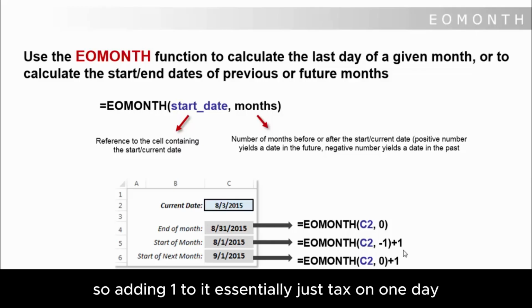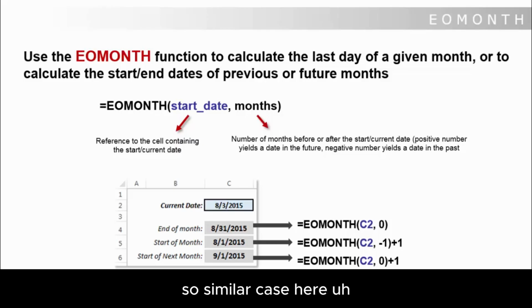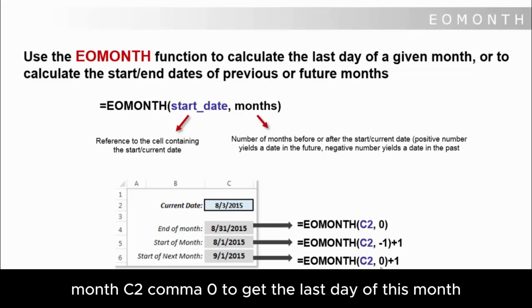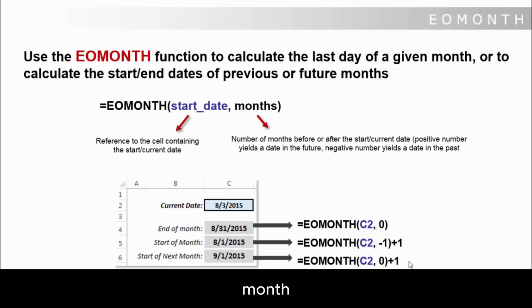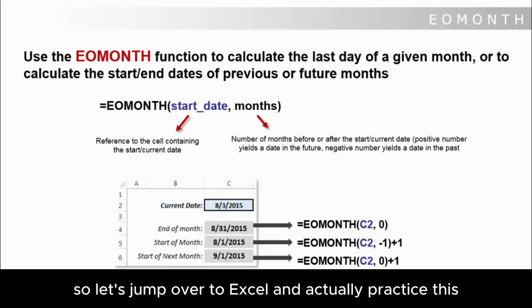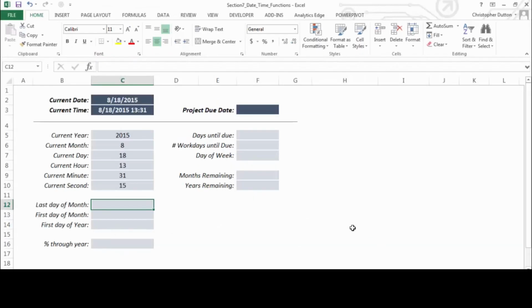So adding 1 to it essentially just tacks on 1 day. So similar case here, to get the start date of the next month, we can say EOMONTH C2, 0 to get the last day of this month, and then add 1 to get the start date of the following month. So let's jump over to Excel and actually practice this.